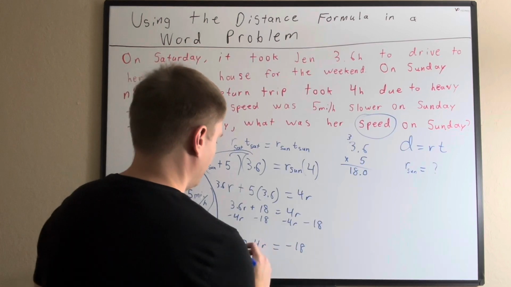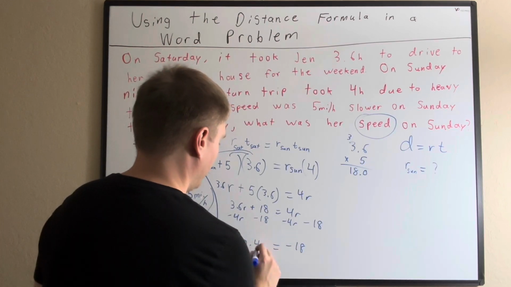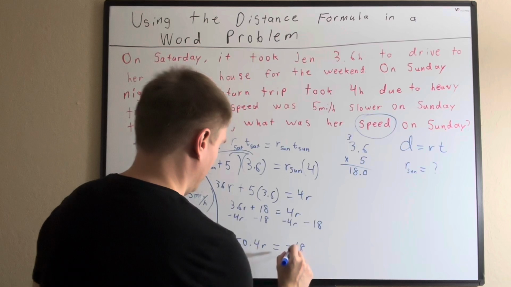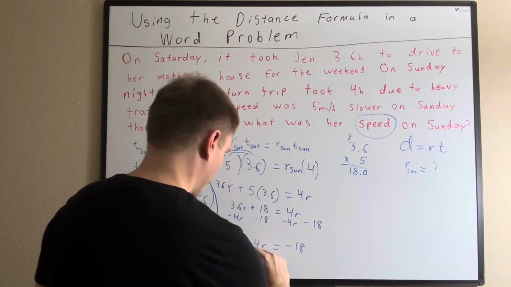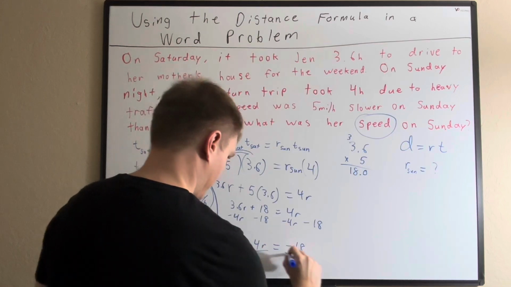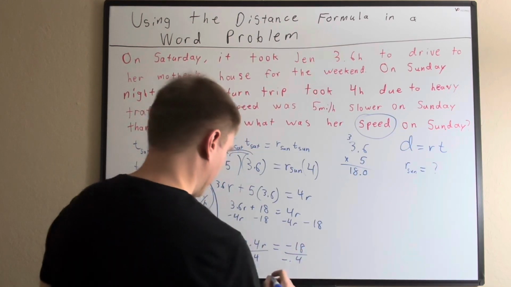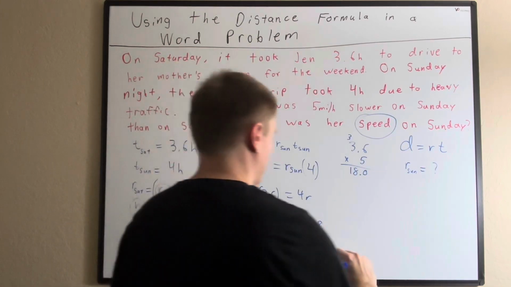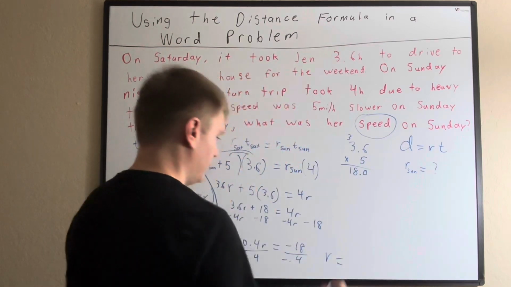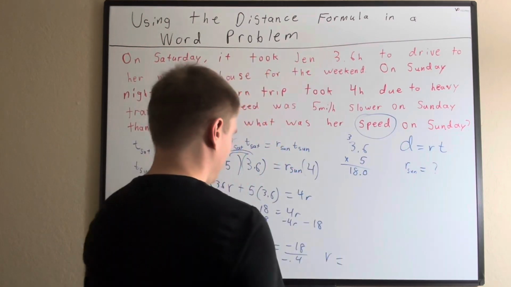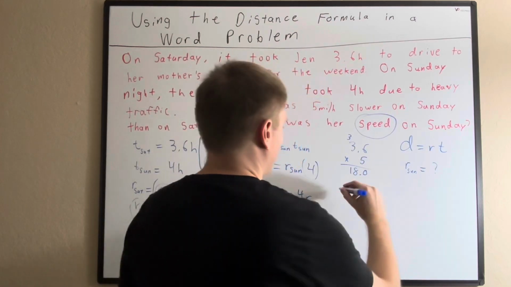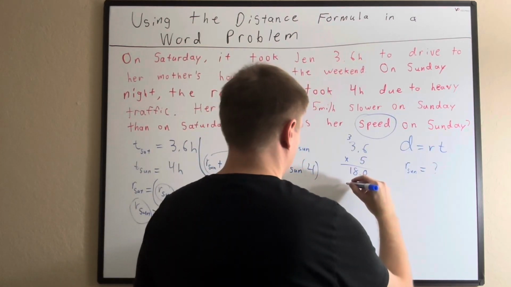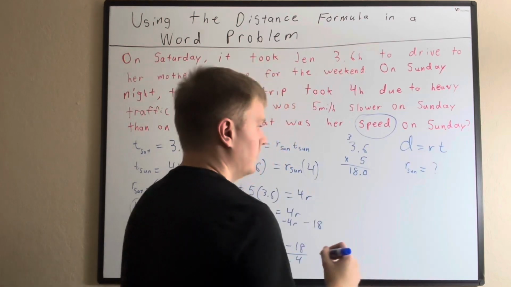Well, let's assume you don't have a calculator again. Dividing by a negative cancels out the negative that's already over there. So dividing by negative 0.4 gives us a positive. It's going to be R equals something. So let's do this math off to the side again. 18 divided by 0.4.